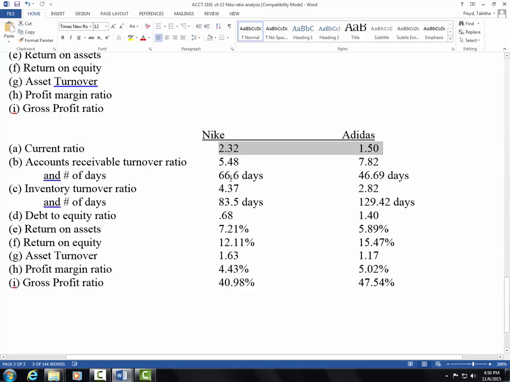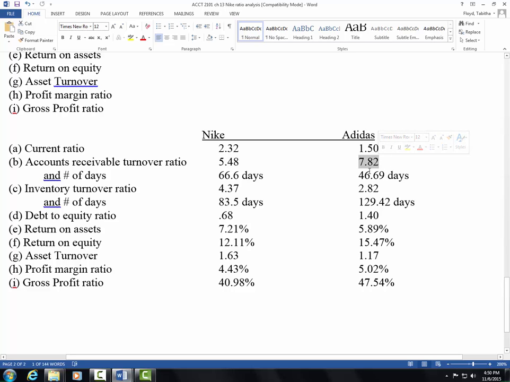The next is accounts receivable turnover. And this is turns, not days. So Nike is turning over their accounts receivable 5.5 times a year. Adidas is turning over their accounts receivable 7.8 times a year. So which one is better? Adidas.